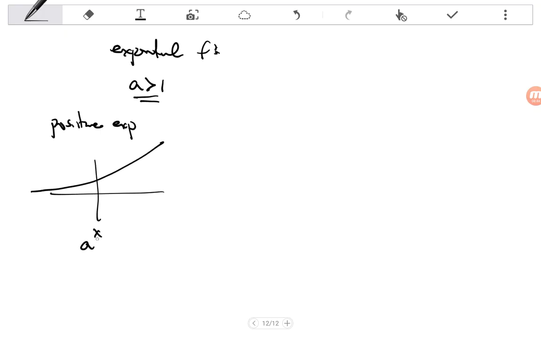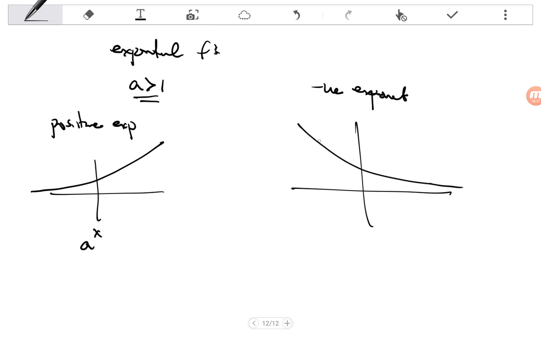This is when the power or the exponent is positive. When we have a negative exponential, in this case we have a curve like this, which is a power negative x. Okay? When you have the exponent with a negative sign.